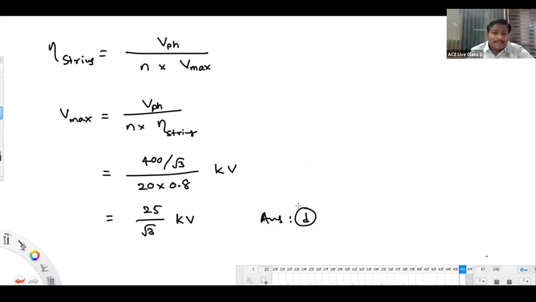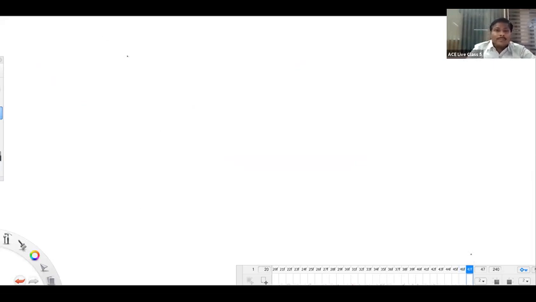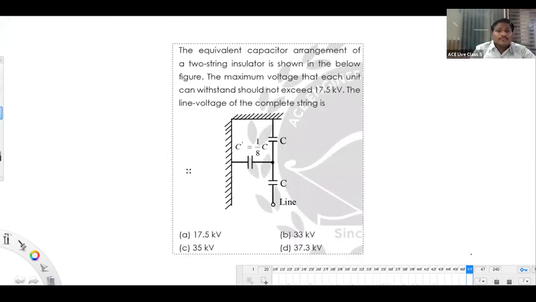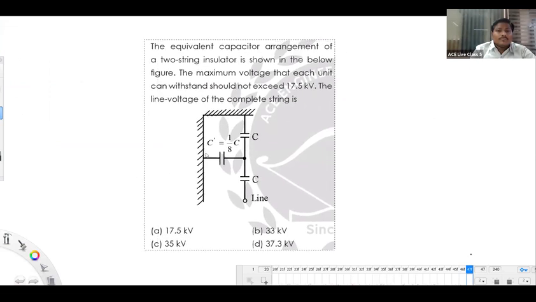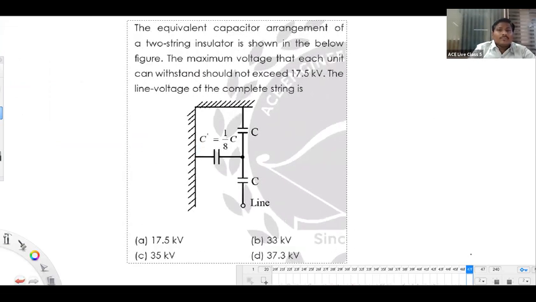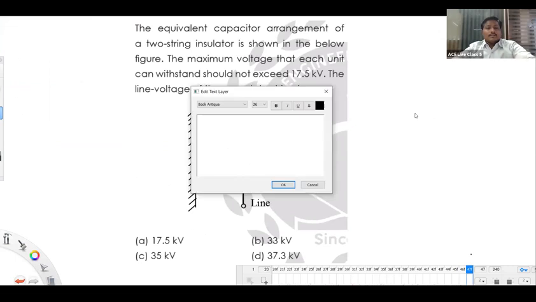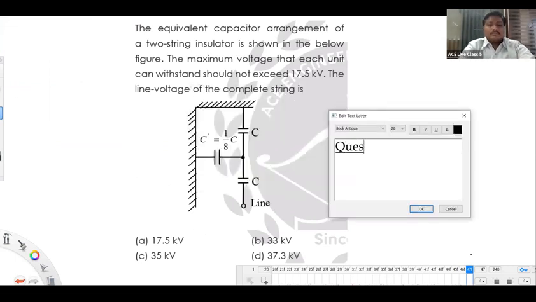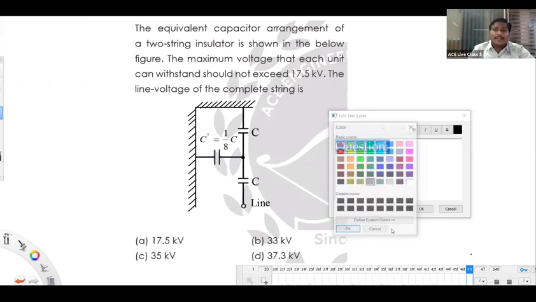Okay, next. Next question I am taking up. This one. Go through it. The equivalent capacitor arrangement of a two-string insulator is shown in the below figure.